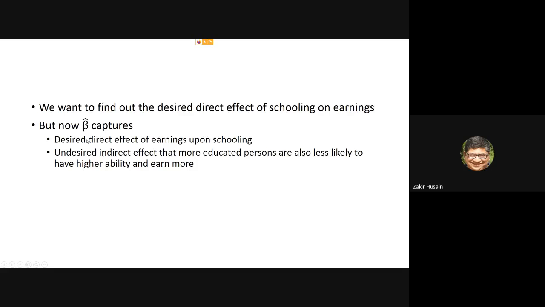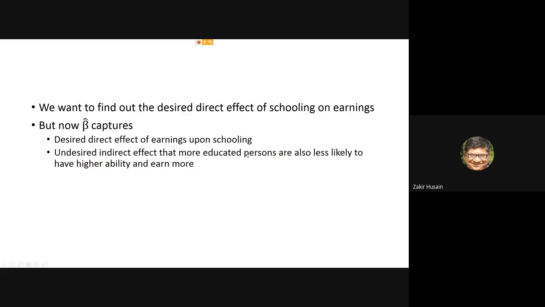So beta hat includes the direct effect, which we want. My objective is to find out how education affects earnings, so I want to simply look at X and Y. But in this model, beta will give me not only the direct effect, but also the indirect effect.